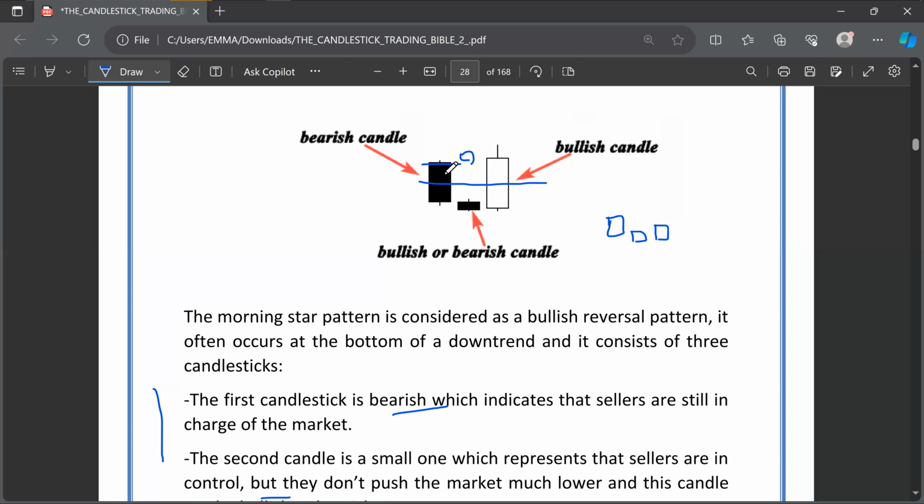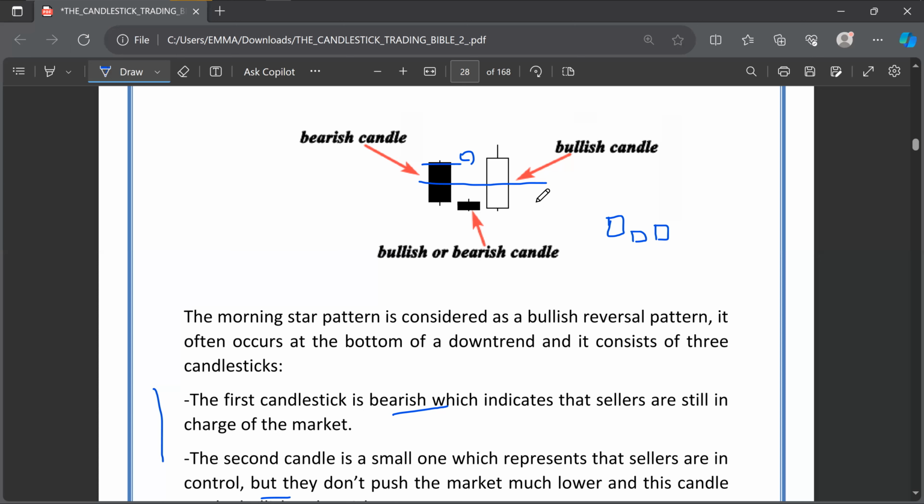But in fact, if it closes above it, then there's more power. It only adds to our confidence, but it doesn't dispute the fact that it's a bullish morning star pattern. I hope this is understood.